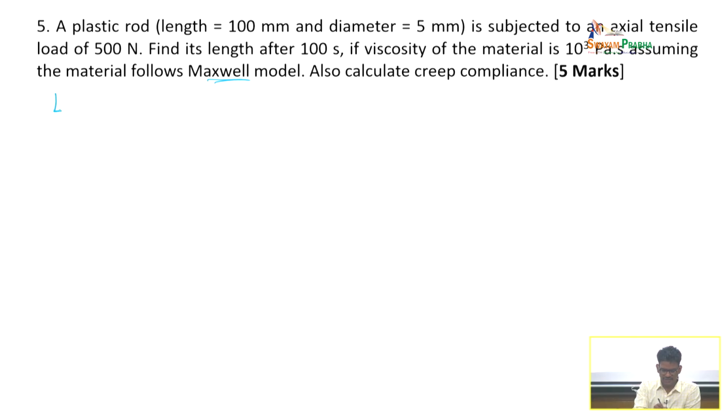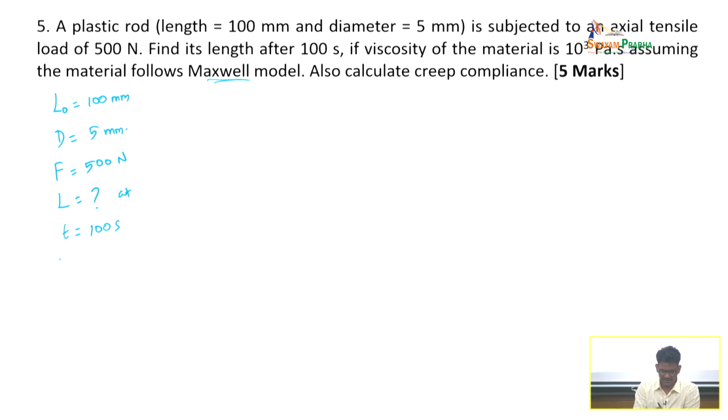First, we will write whatever is given. The initial length is 100 millimeters, and the diameter is 5 mm. This is subjected to an axial tensile load of 500 Newton. So, the force is 500 Newton. We need to find the length at t equal to 100 seconds.